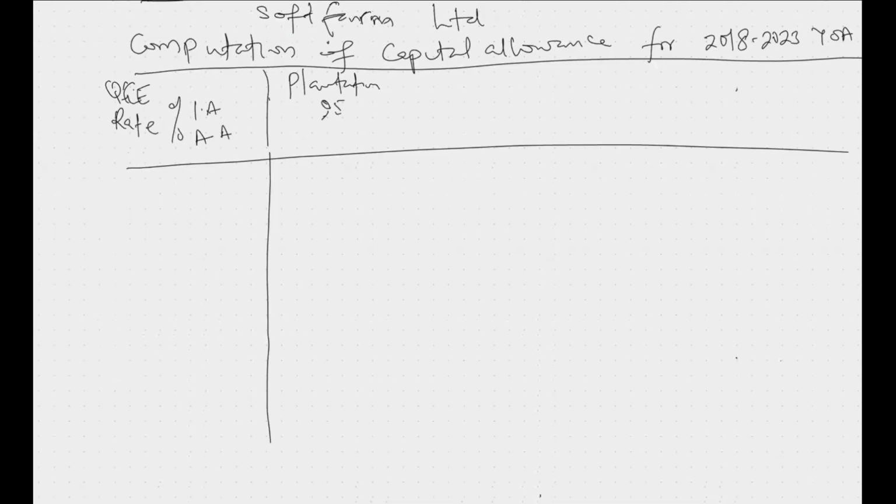The next one, industrial building, 15 and 10. Non-industrial building, 15 and 10.